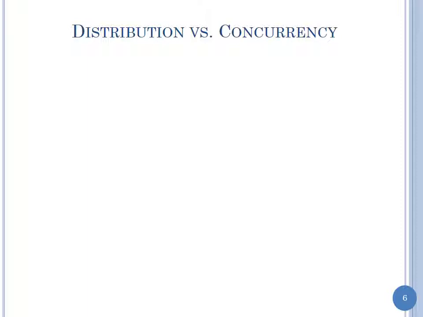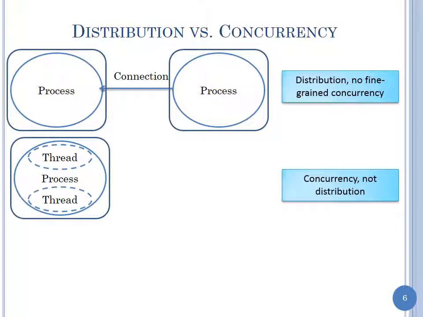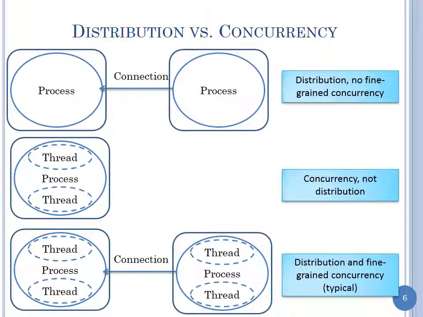Technically speaking, it shouldn't be the case that only one instruction can be executed at any one time, which is almost never the case. So every distributed program is a concurrent program, but not every concurrent program is a distributed program. We can have distribution but no fine-grained concurrency, and concurrency but not distribution. Typically we have distribution and fine-grained concurrency.